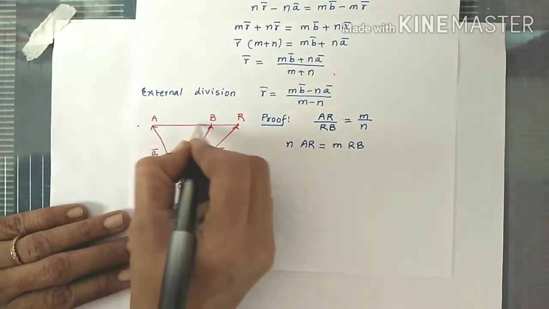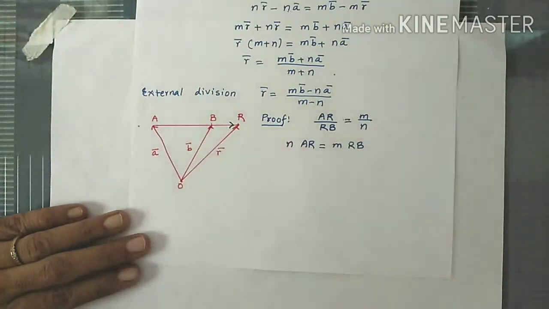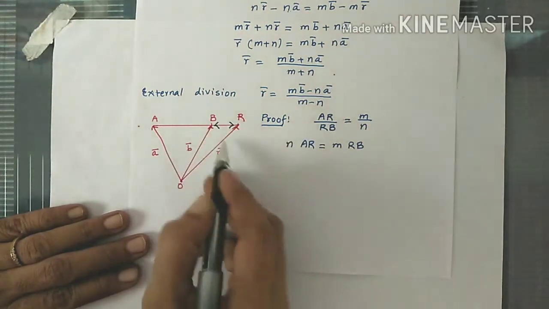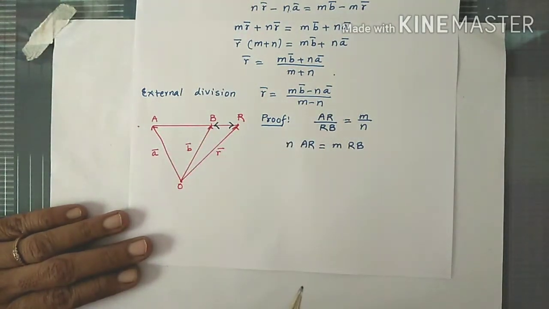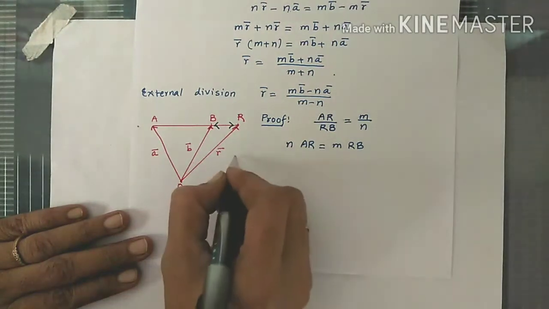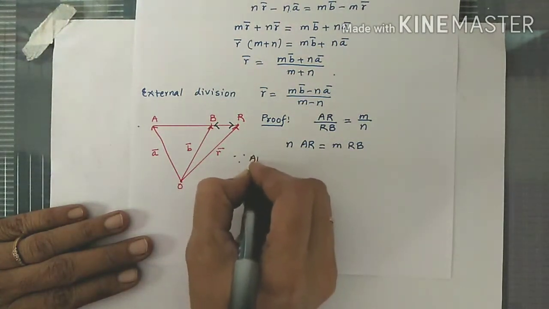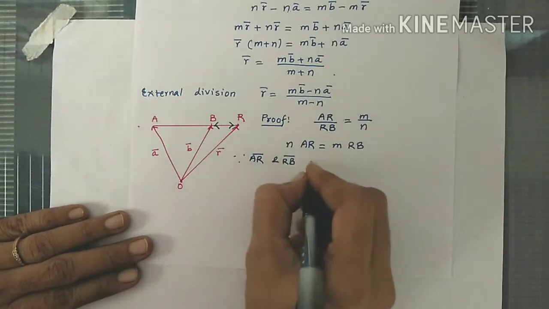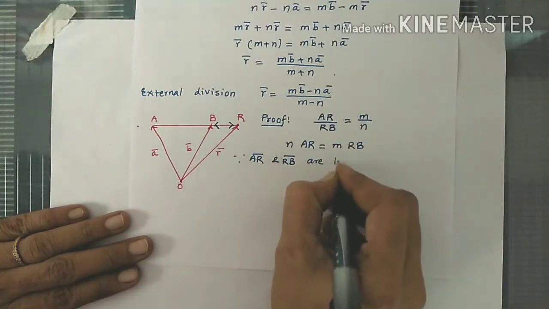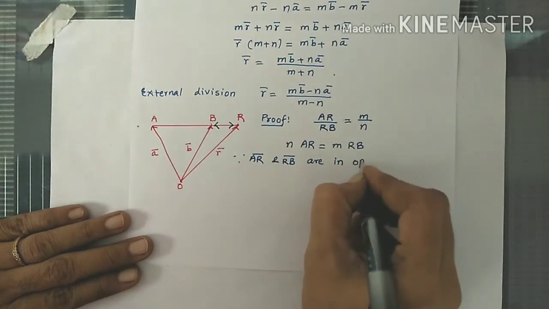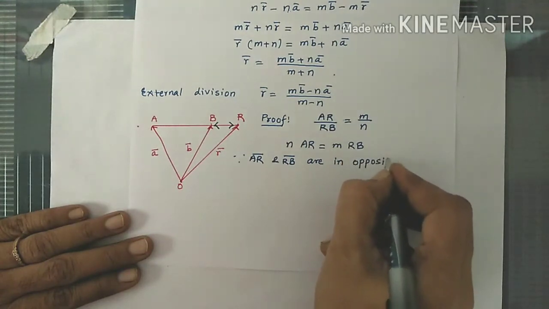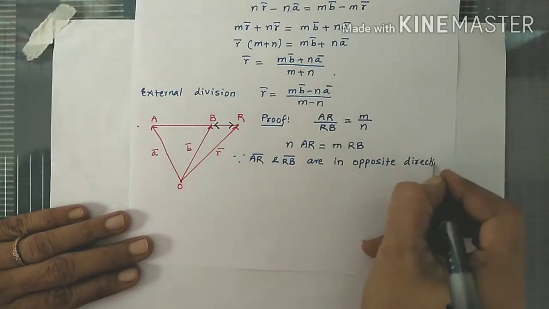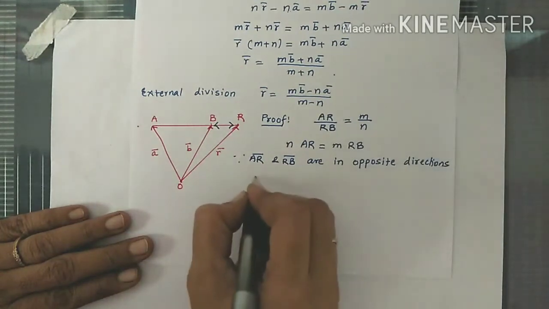See the directions. AR bar is having this direction and RB bar. You can clearly see both are in the opposite directions. Since AR bar and RB bar are in opposite directions, so to write the equality we have to put minus sign there as they are in opposite directions.